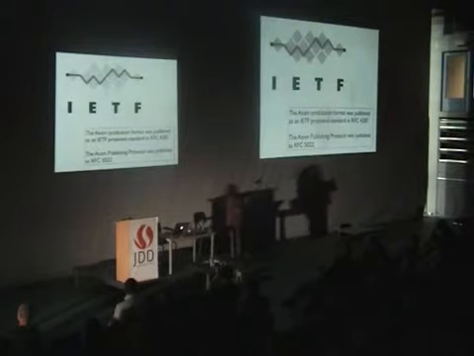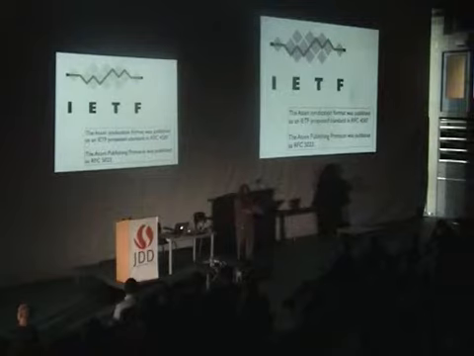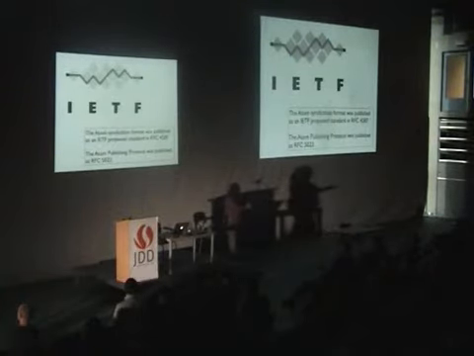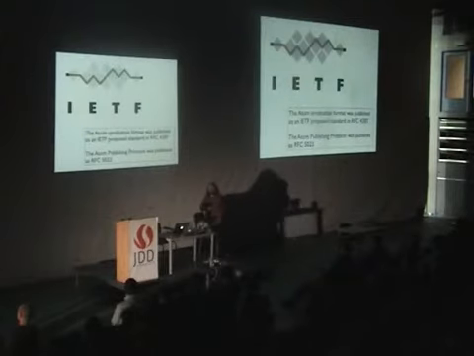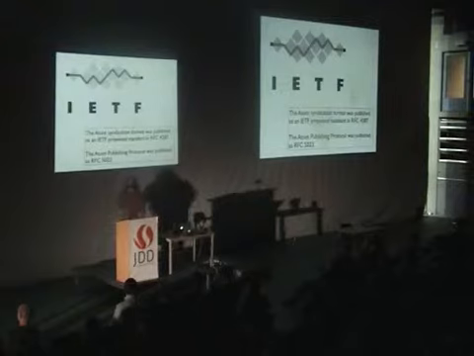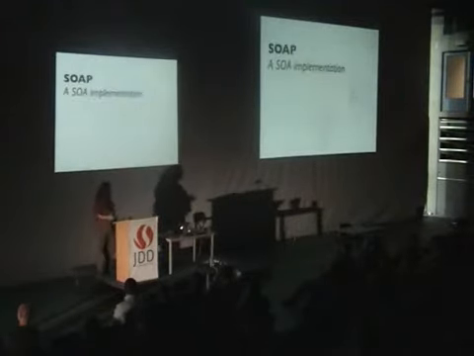RSS defines how you get those entries, but it doesn't define how to add new entries, or delete entries, or update existing entries. And so RSS is very good for pulling down a feed, but not so good for the other CRUD methods. And so what Atom provides is a way for us to do that.